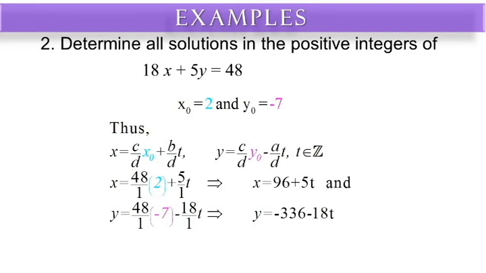So we have x is equal to 48 over 1 times 2 plus 5 over 1 times t. We have x is equal to 96 plus 5t. And we have y is equal to 48 over 1 times negative 7 minus 18 over 1 times t. And we have y is equal to negative 336 minus 18t.